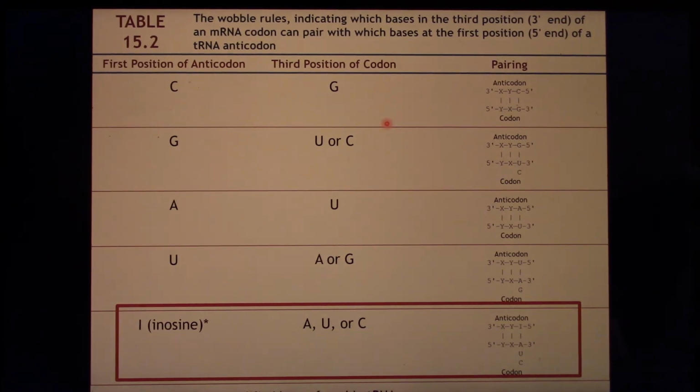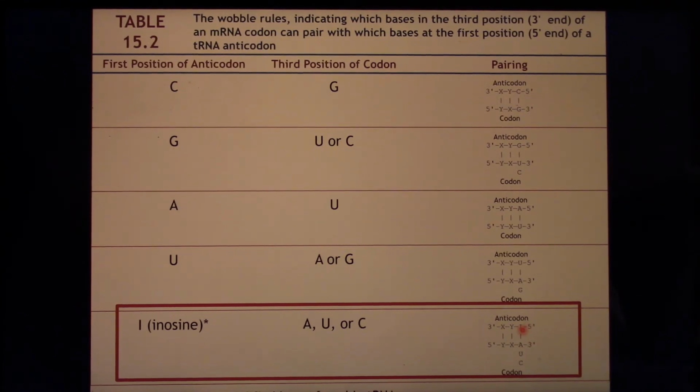From this table 15.2, I want you to remember this. It's showing that the first position of the anticodon, I, inosine, can pair with the third position of the codon, A, U, or C. If the codon is 5' to 3', then by the anti-parallel rule, the 5' of the anticodon is opposite the 3' of the codon.